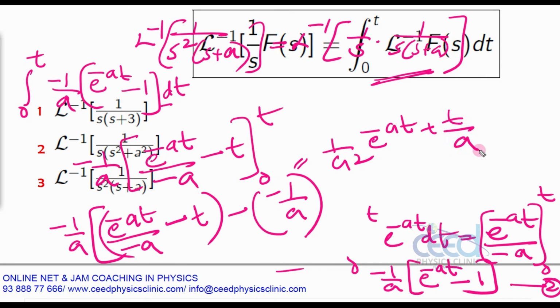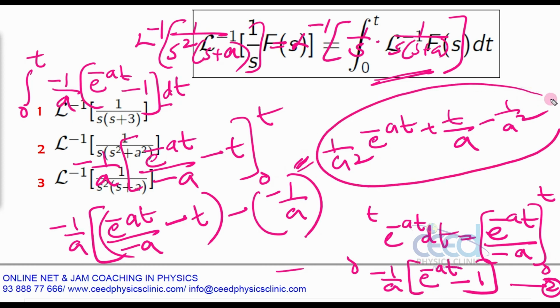And here minus minus minus, that is plus 1 by a square, minus 1 by a square. So this will be the final result: 1 by a square e raised to minus at plus t by a minus 1 by a square. Okay, so this will be the final result.